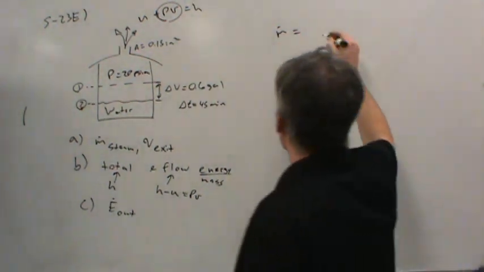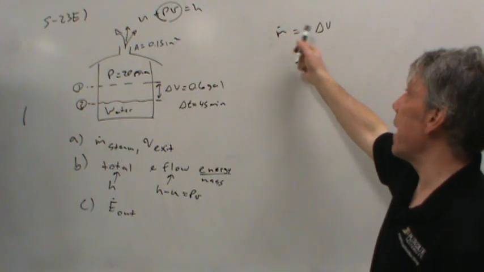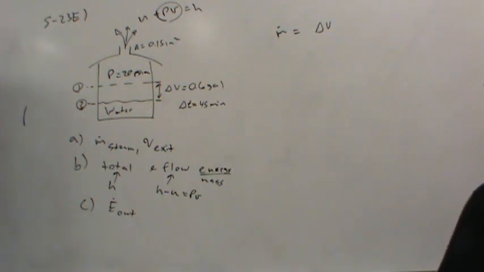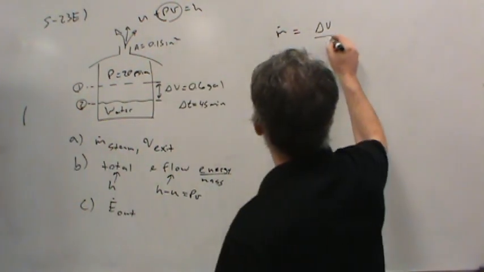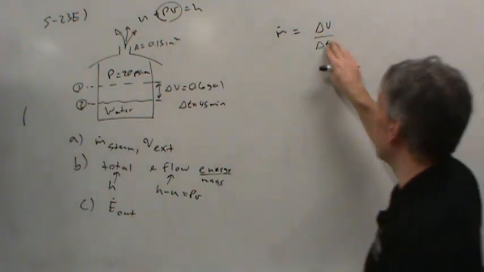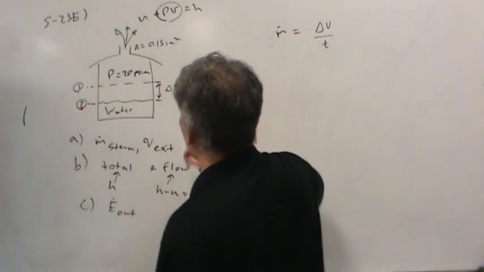It's going to be proportional to the change in volume, isn't it? Now, of course, this is a rate of mass, and that's an amount of volume, so we're not done. It's not equal yet. How about if we put in per time, however much time has elapsed? Delta T if you want, T, I don't care. I called it delta T here, you can call it T, it doesn't matter. It's just how much time has elapsed.